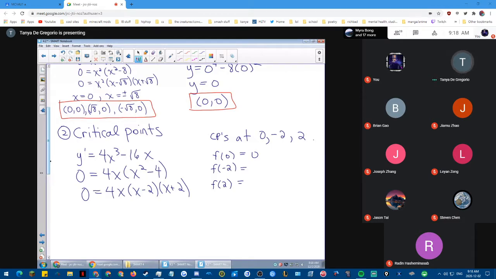So what do you get? I should do it the other way, following here. All right, and so on. Good. For f at 2, it's -16. And f at -2, it's also negative.